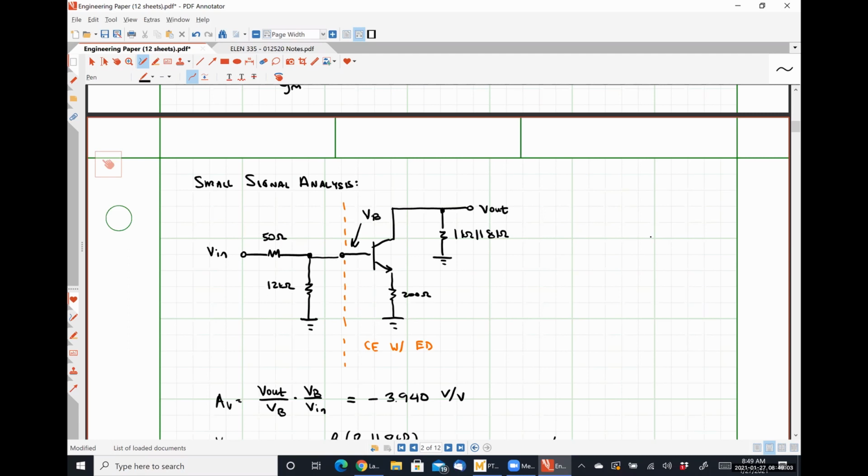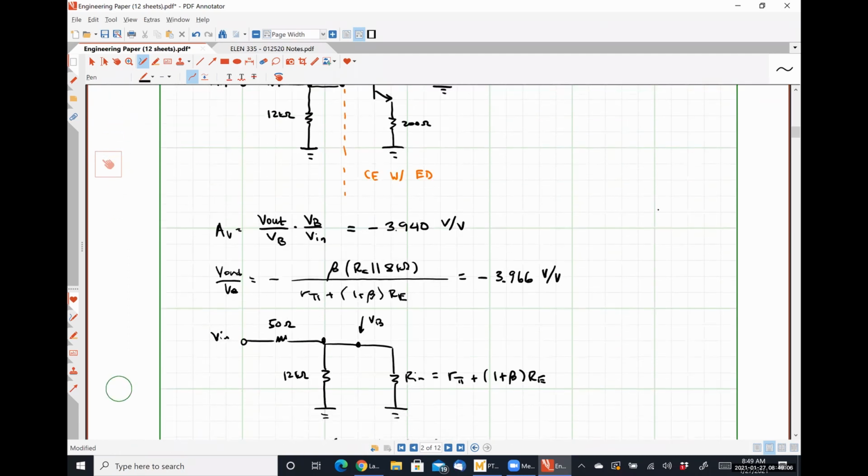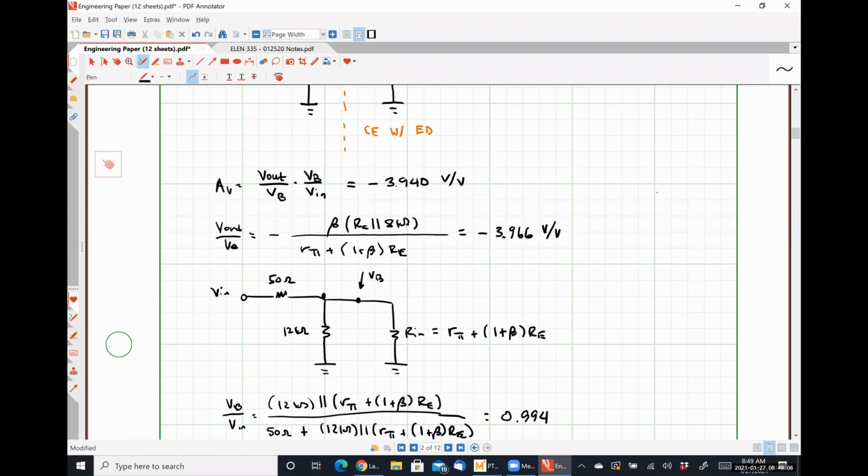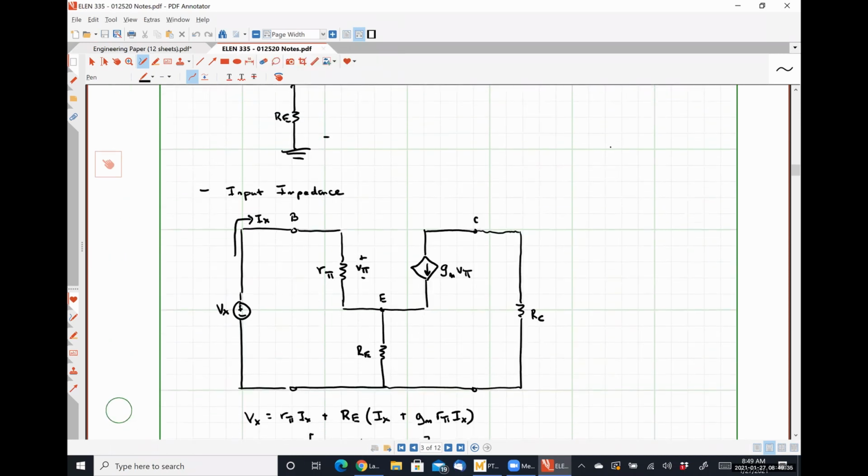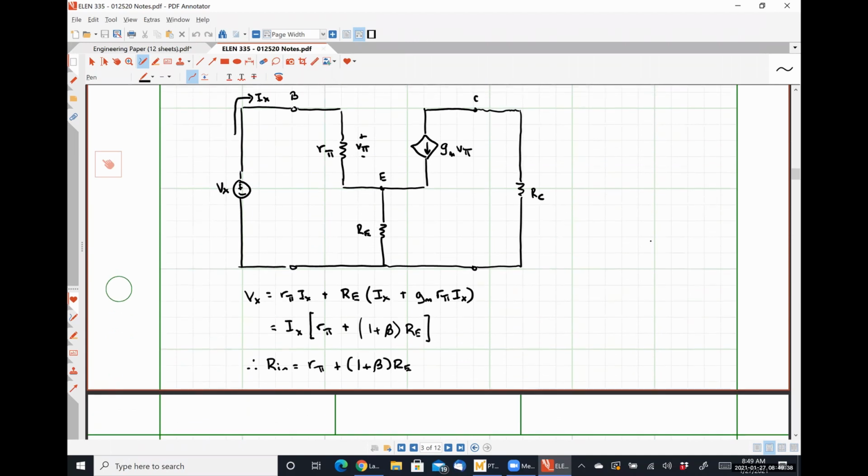For my gain analysis for the left-hand stage, it's a simple voltage divider, but I'm looking in through the input terminal, right? And so I see that 50 ohm resistance and that 12 kilo ohm resistance, but I'm also going to see the input resistance of my transistor amplifier. I got that from where we used the small signal model to determine the input resistance of my small signal amplifier.